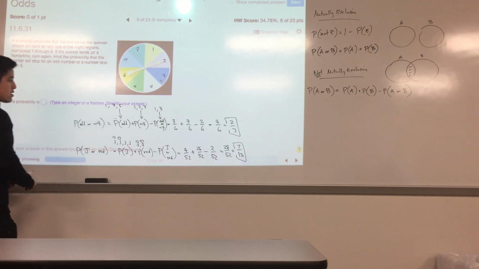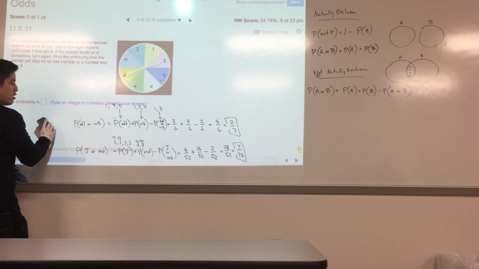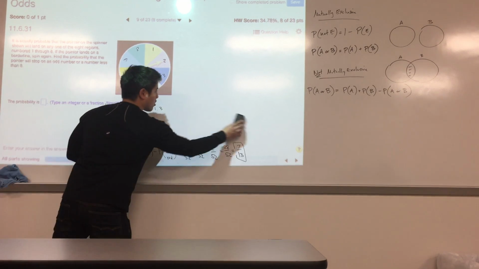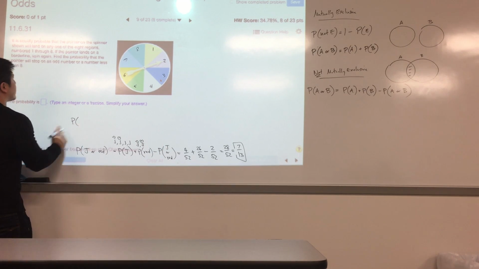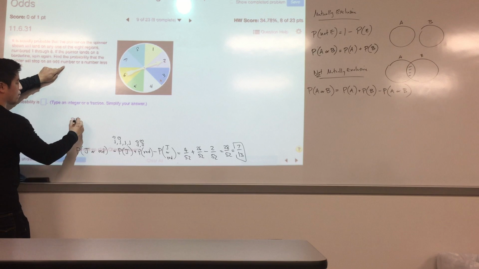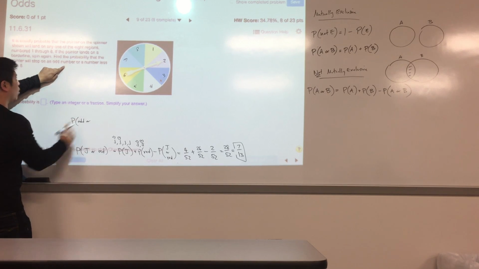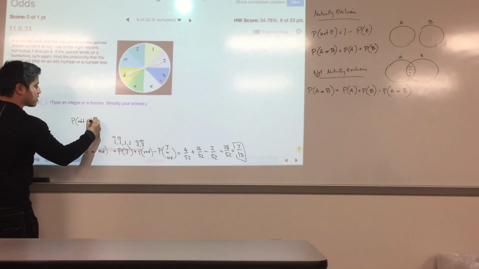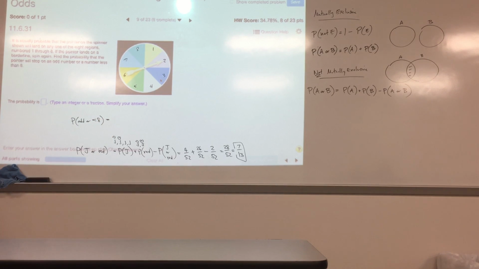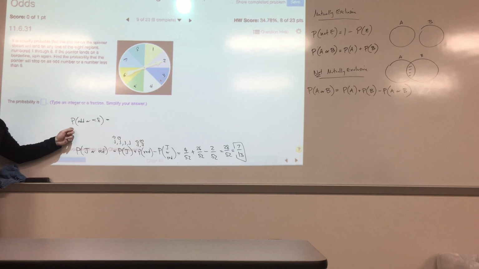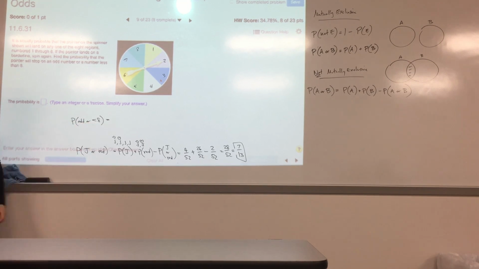Okay, so with that said, let's take a look at, say, this problem right here. Okay, and so in order to do it, we need to figure out the probability of what? Odd number or less than 8. That's our scenario. Does that make sense, guys? We are looking for the probability of an odd number or the probability of something less than 8.